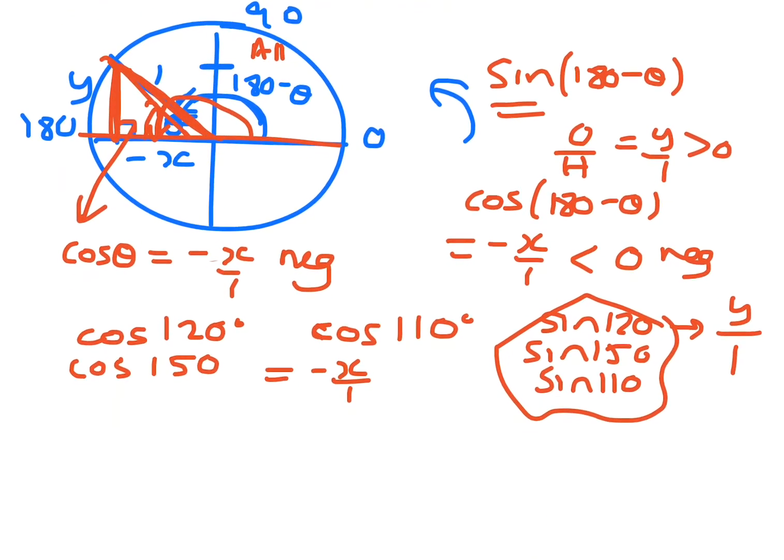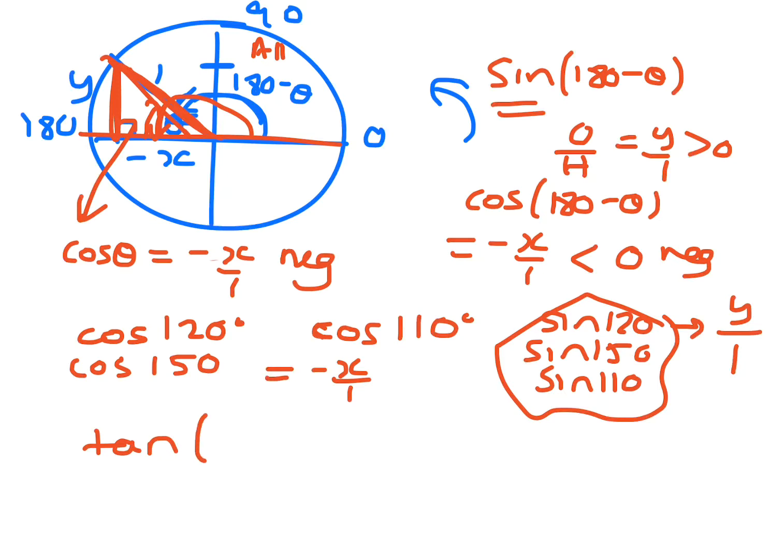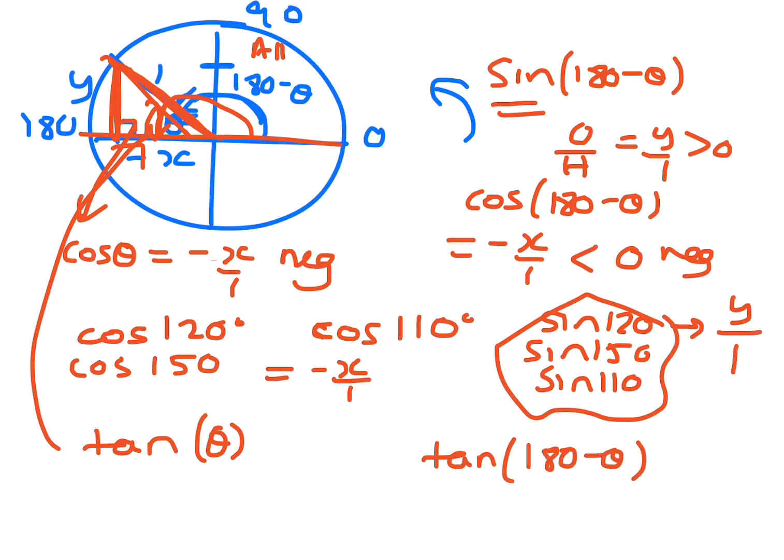Okay, so we've looked at sine, we've looked at cos. Let's look at tan in that quadrant. So if we did tan of theta, or we write it as tan of 180 minus theta, like an obtuse angle, in that quadrant, tan is y on minus x, because the adjacent side is minus x, that means that it will be negative. So tan in that quadrant is less than 0.